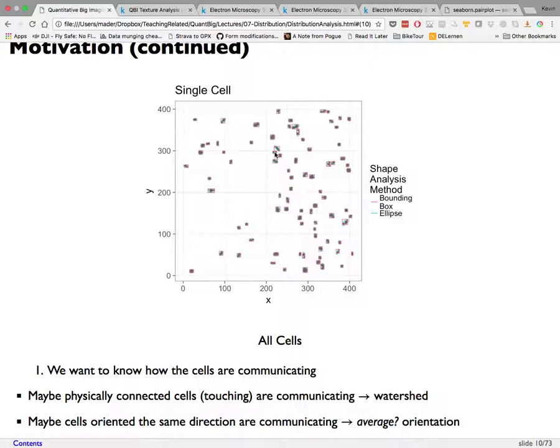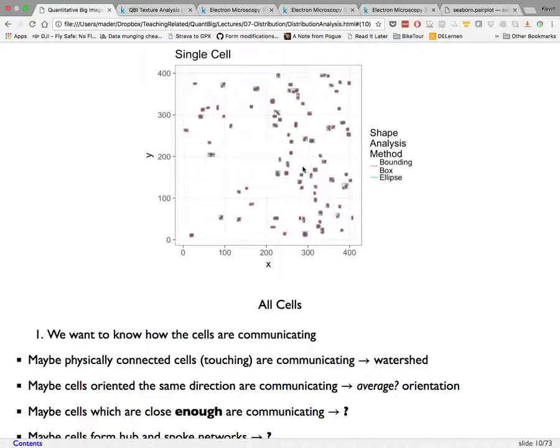And so the average of 2 cells pointing upwards is a cell pointing downwards, or the average of a cell pointing up and a cell pointing down is a cell pointing to the right. That may not be the best approach because you end up with averages that don't really make sense when you're working in an angle space.